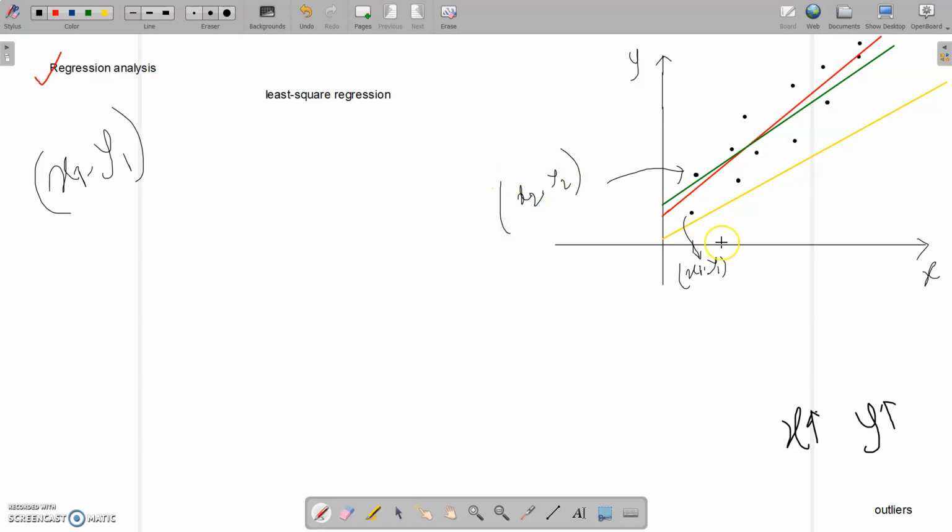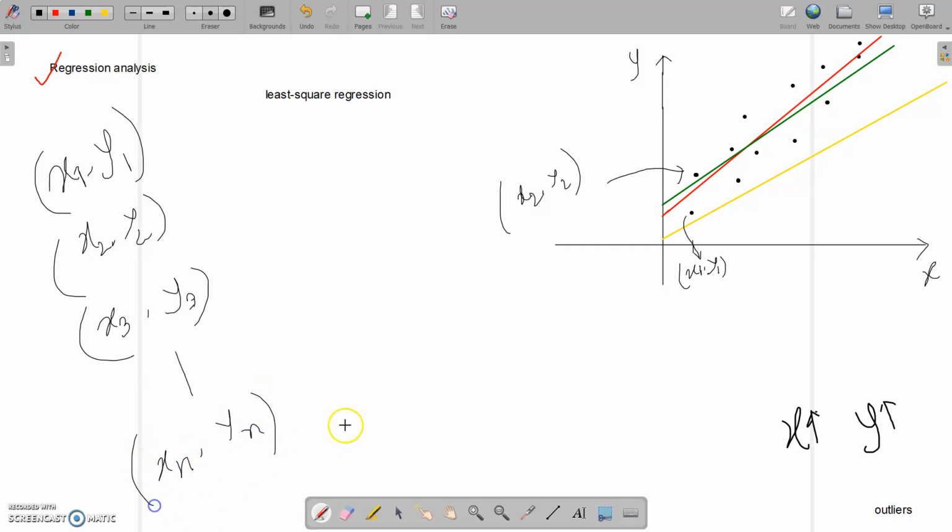Then you have the third point, that is x3 y3. So for each value of x you have a value of y. If you continue this way up to the last value, let's name it xn, you will have a value yn. So these are all the pairs of data that you have now.